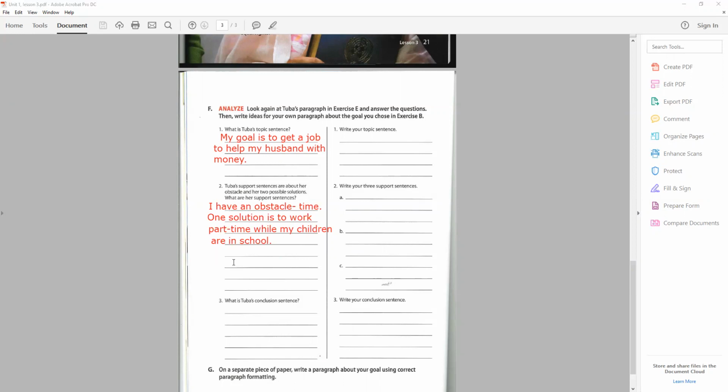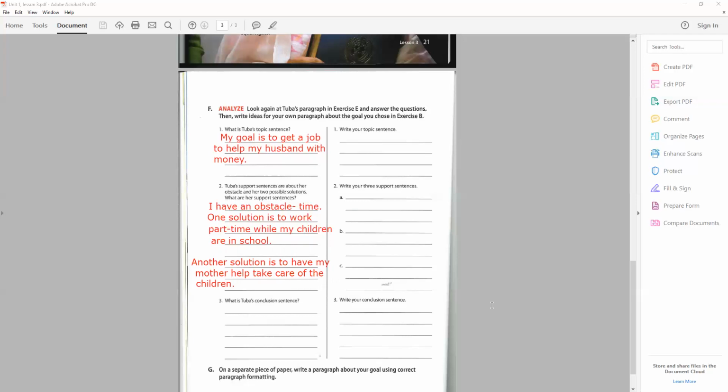Her next solution is another solution: to have my mother help take care of the children. So you have her obstacle, and then you have two solutions.